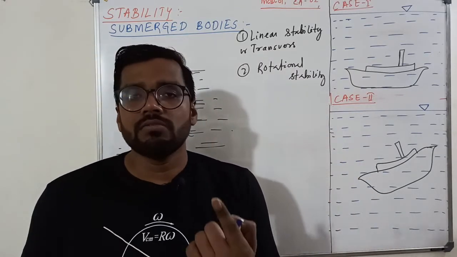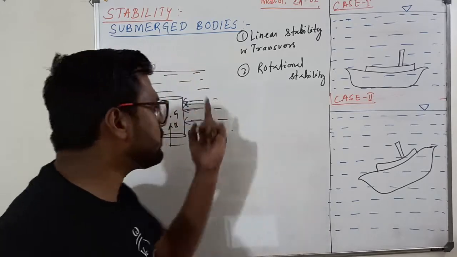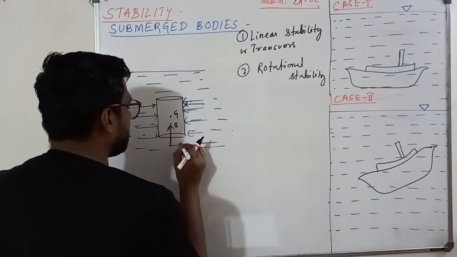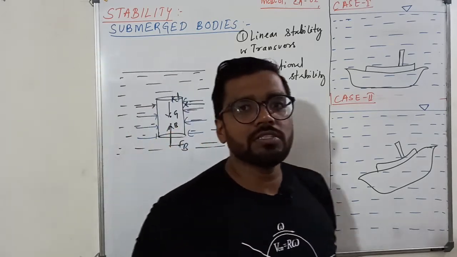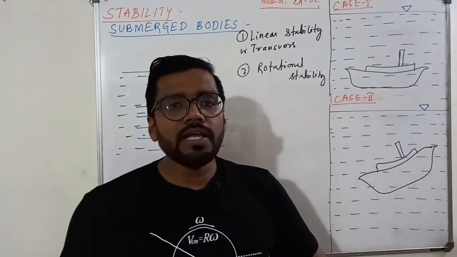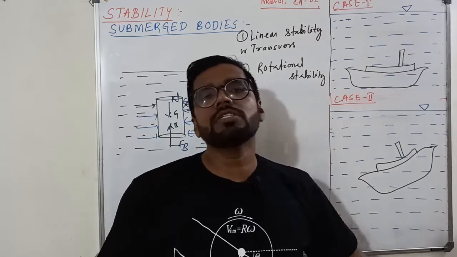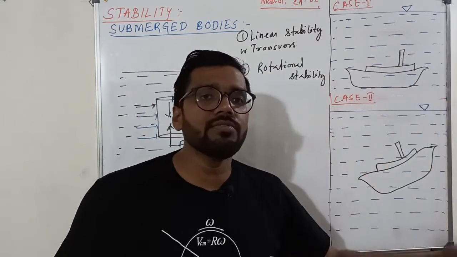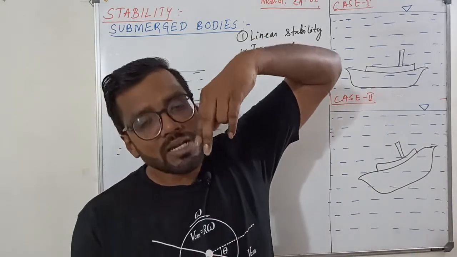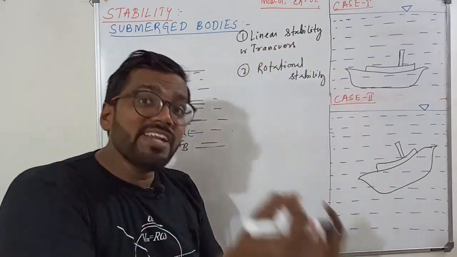The vertical force, which is nothing but the buoyancy force FB, and it counteracts the self weight W. Whether the body is submerged or floating, if they are in static equilibrium, the buoyancy force and weight balance out with each other.